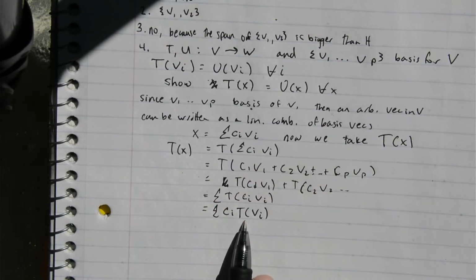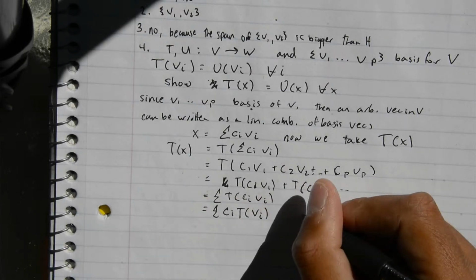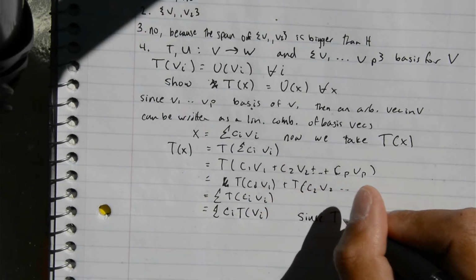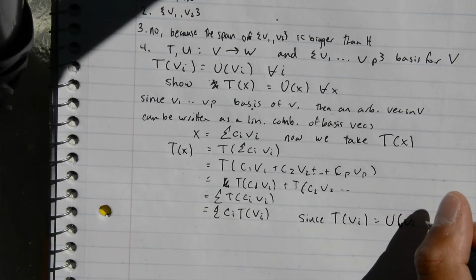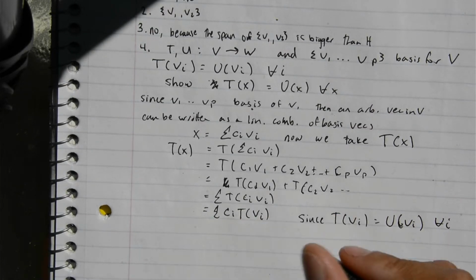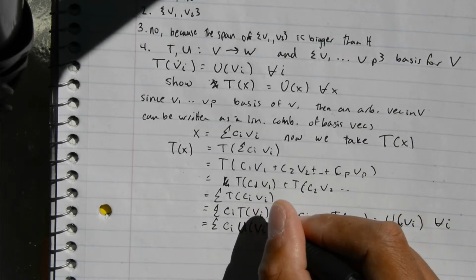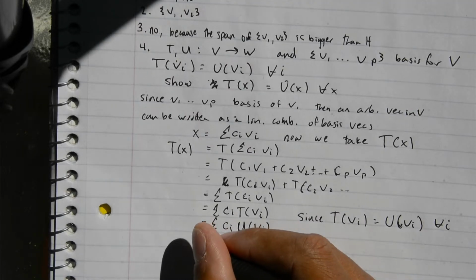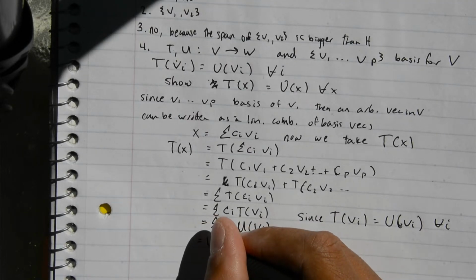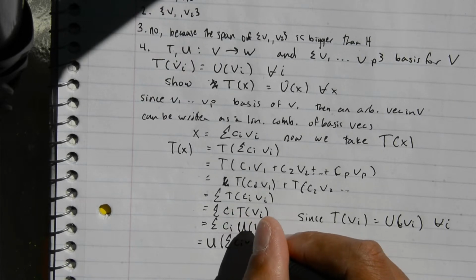But then since we know T VI is equal to U VI for all I, we can replace it as CI U VI. But then we can just undo the definition of linear transformation, which is equal to U of the sum CI VI.